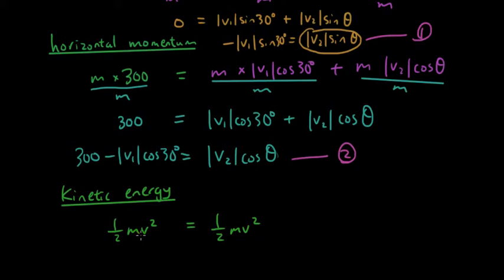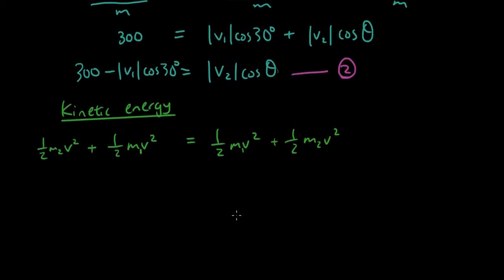Now notice how initially I had 2 objects. So it's going to be half of m1 v squared plus half of m2 v squared equals half of m1 v squared plus half of m2 v squared.